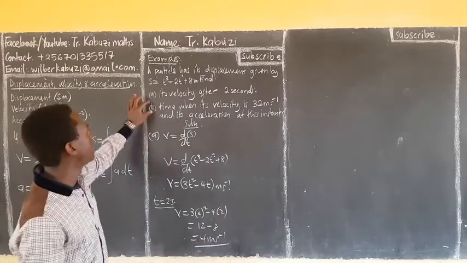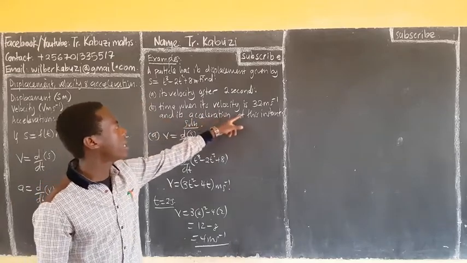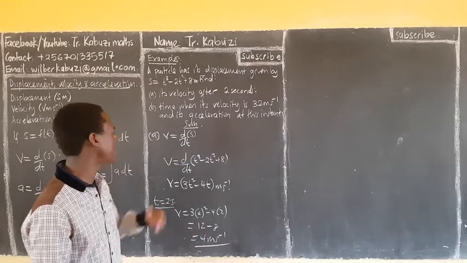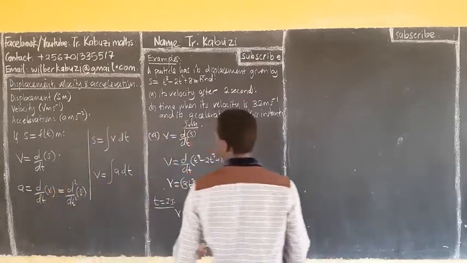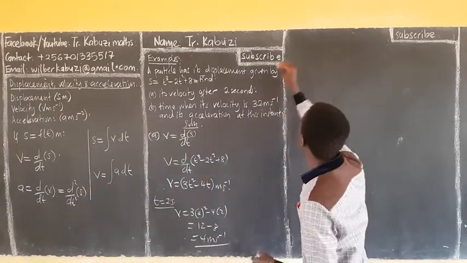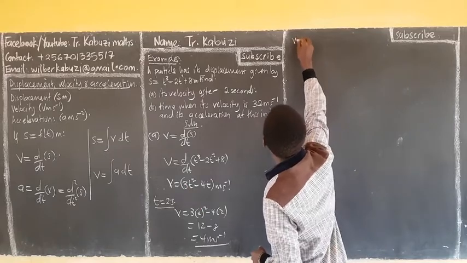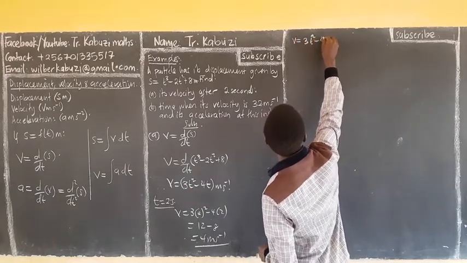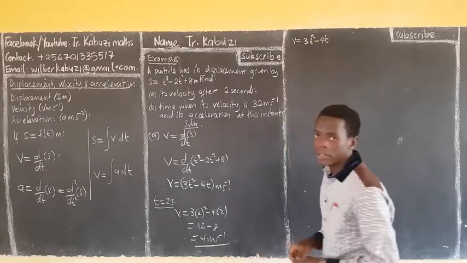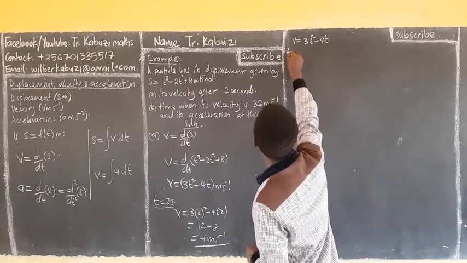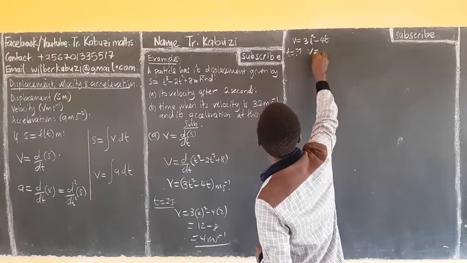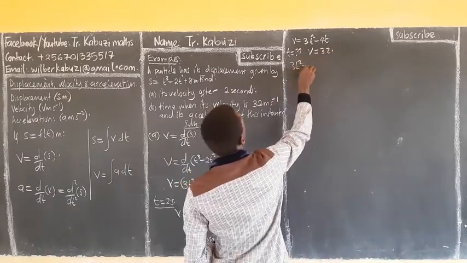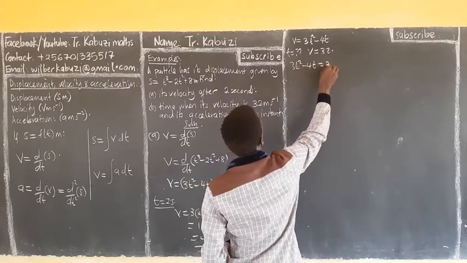Now in part B, find the time when its velocity is 32 meters per second and the acceleration at this instant. You know that the expression for velocity is 3t squared minus 4t. Now they want the time when the velocity is 32, so substituting, 3t squared minus 4t is equal to 32.